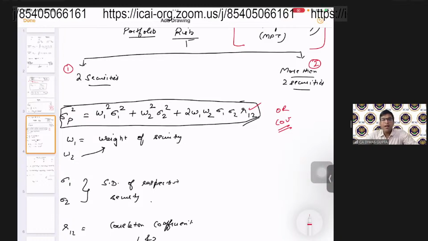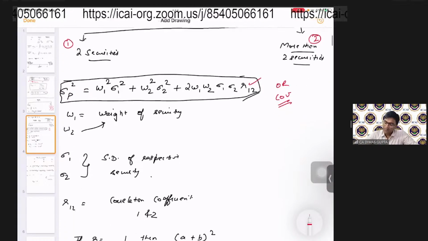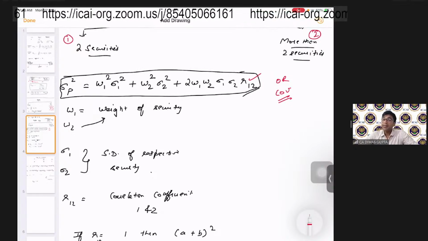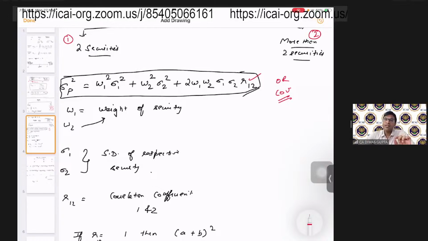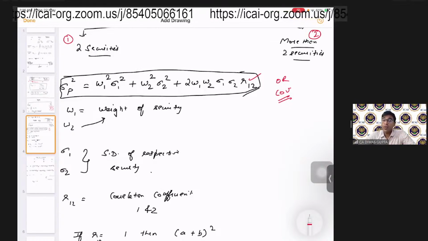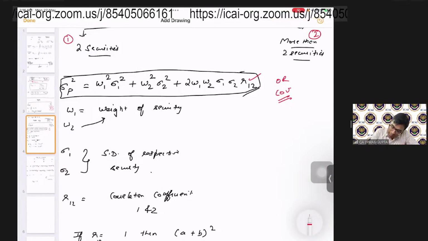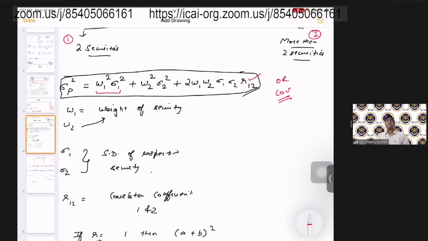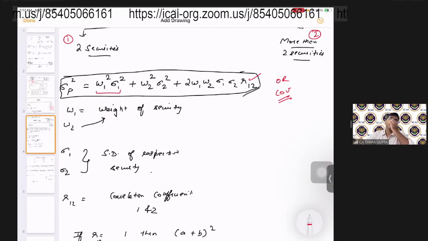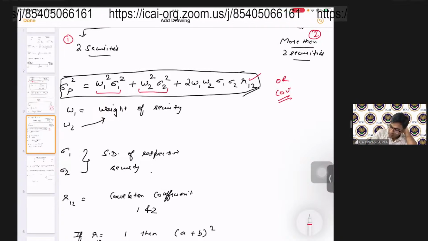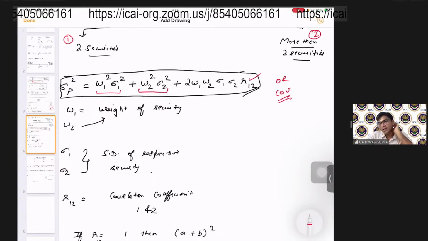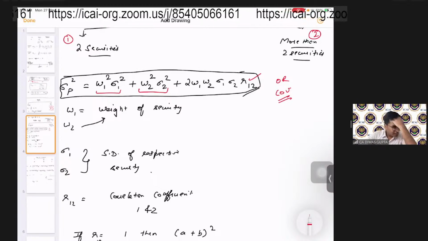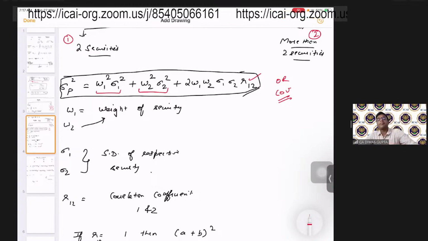Okay. The first part is the two securities portfolio. Let's elaborate this further. Whenever we talk about a two securities portfolio, students, as I said on my first page, whenever we have to do any operations, let's do it on variance. So everywhere you see we use variance. So variance of security 1 multiplied by weight square of security 1. Similarly, weight square of security 2 multiplied by variance of security 2. Correct? So respectively we have multiplied the weights into their variances.